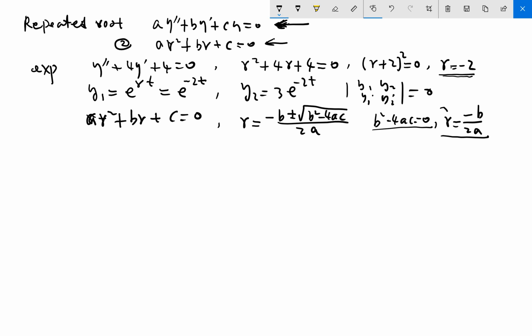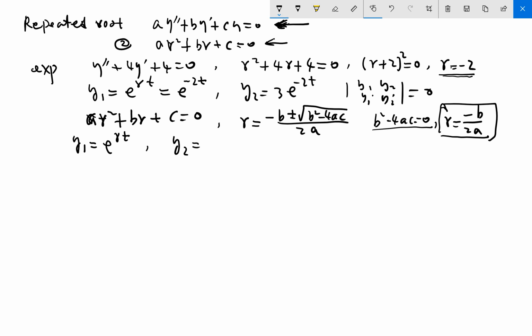Then we can easily find one solution, e^(rt), where r is -b/2a. Now we want to find y2. As I said, if y2 is like 3e^(rt), this is another solution, but they will not form a fundamental set.